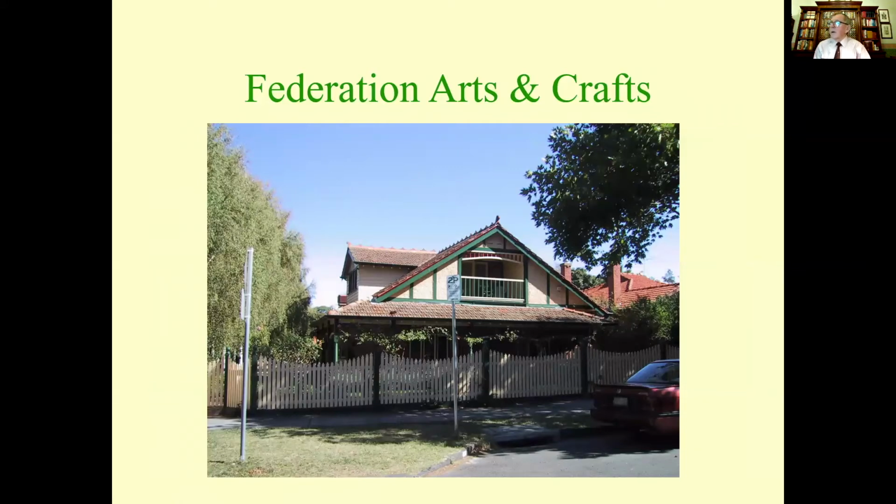There are also quite a lot of, certainly around Melbourne, these arts and crafts houses where the theory was that we should be less fussy and should be more natural in the use of building materials and design. So it's a bit of a contradiction because this house, you see, has got much more simple design than most of the other Edwardian houses we've seen, although it's still got decorative terracotta ridge caps, you can see.